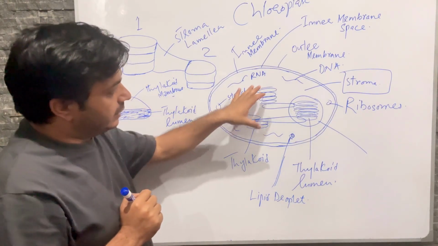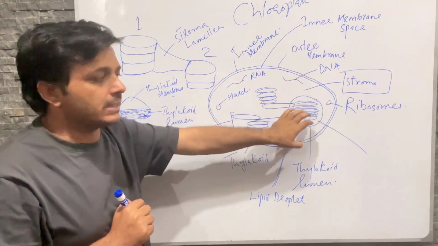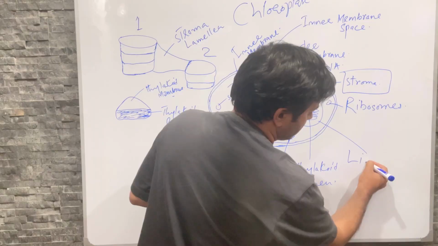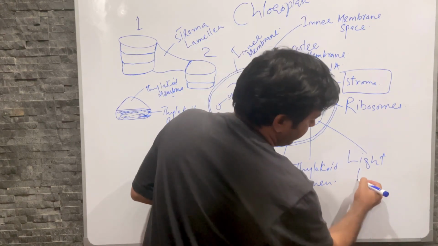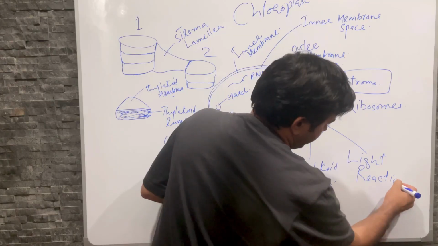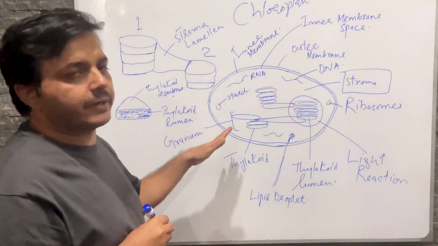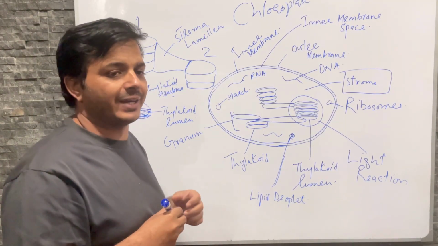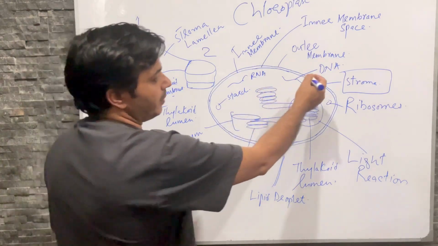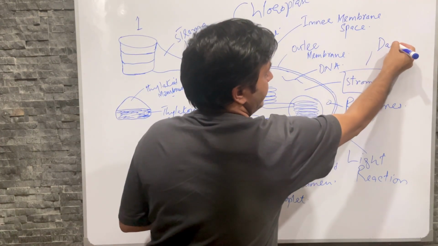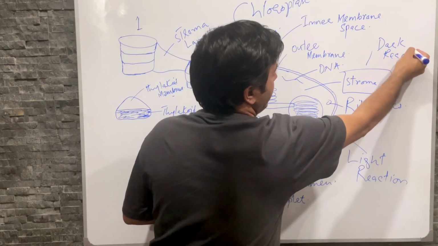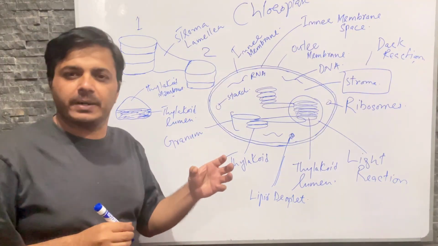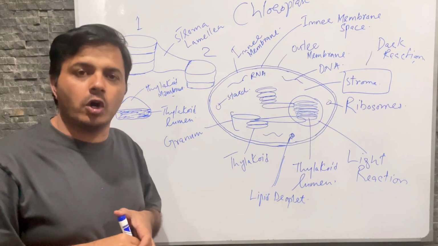So what happens here? The whole light reaction is going to occur in these thylakoid membranes. These thylakoid membranes are the space for light reaction, and the dark reaction, which results in actual synthesis of the glucose molecule, takes place in the stroma. The synthesis of ATP takes place across the thylakoid membrane by the generation of proton motive force.